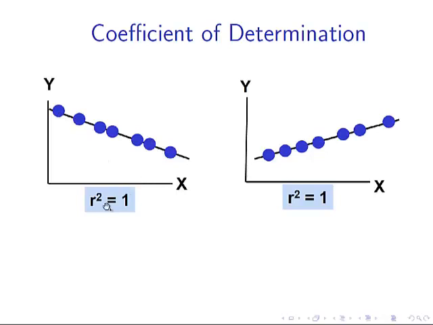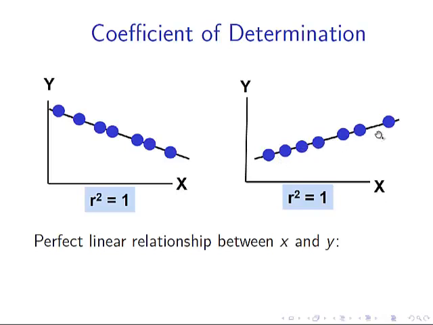For this case, r squared, which represents the coefficient of determination, equals 1. Here, the coefficient of determination is also 1, and this is a perfect positive linear relationship between x and y, shown in this graph.